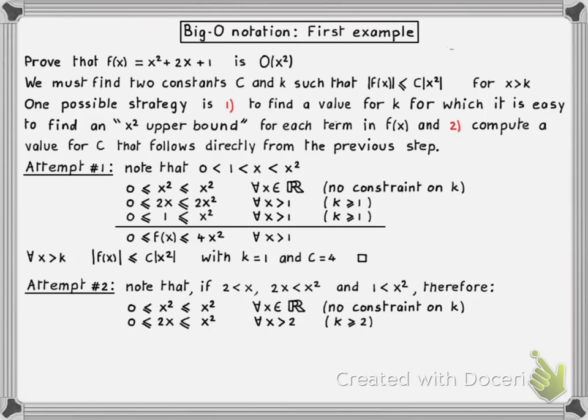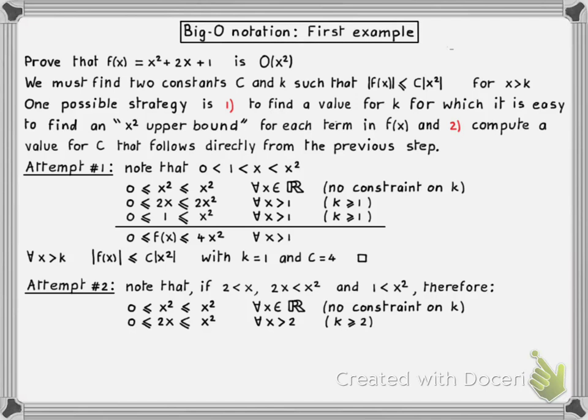Notice in the previous proof, 2 times x was proved to be less than or equal to 2 times x squared, as long as x is greater than 1. But if we're willing to go up to 2, we can actually establish a smaller or tighter upper bound on 2 times x, namely x squared. So we went from 2 times x squared down to x squared. That's just an observation in passing.